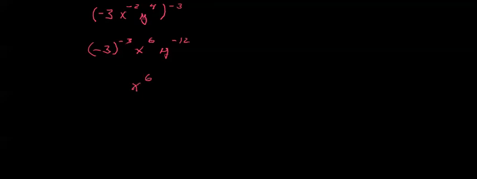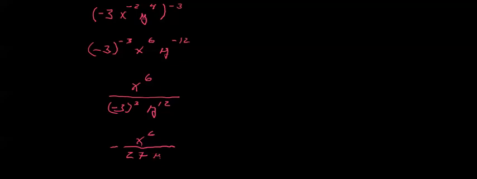So we have x to the 6th over negative 3 raised to the positive third power, y to the 12th. Now negative 3 times negative 3 times negative 3 is negative 27. I either put my negative out front or I put it up top, and we have y to the 12th. Okay?